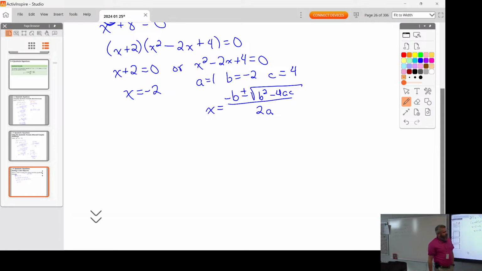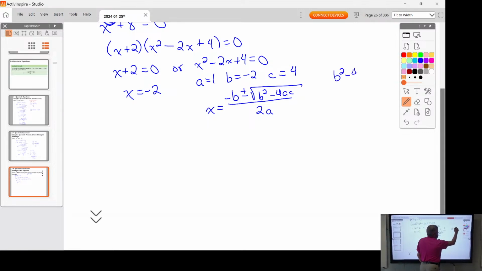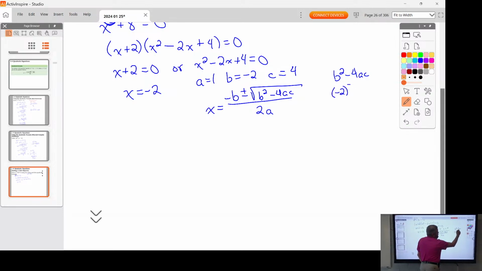I'll go off to the side and evaluate my discriminant, which is b squared minus 4ac. b is negative 2 squared minus 4 times a, which is 1, times c, which is 4.